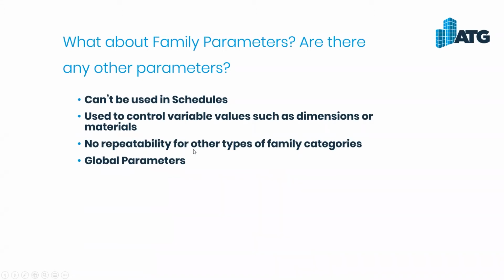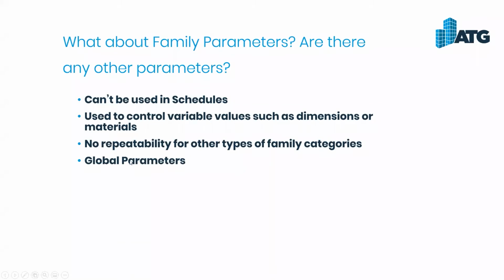Also, there's no repeatability for other types of family categories. When you go in and create it, it's almost a one and done type instance. So again, with the shared parameters, you can utilize them across all the different disciplines and different categories of items.